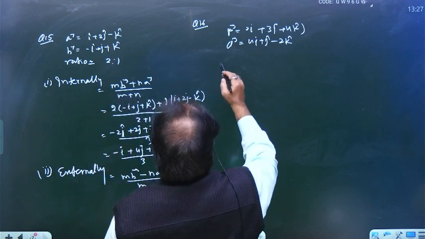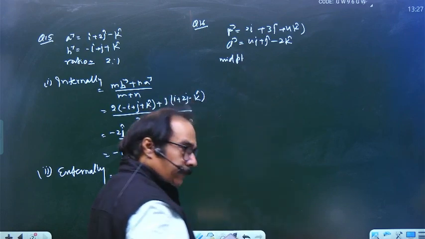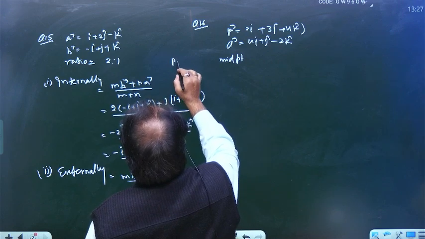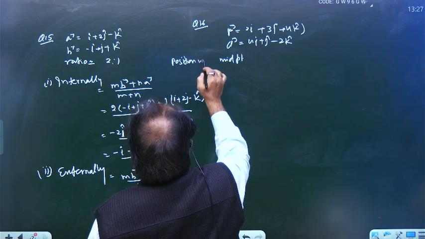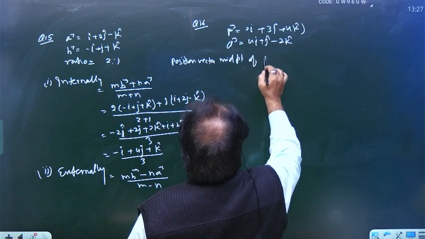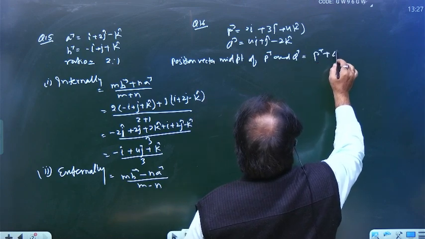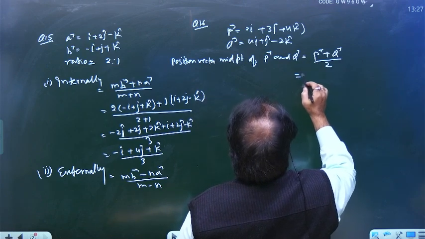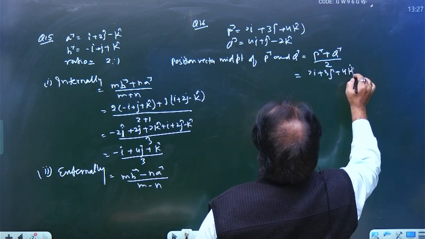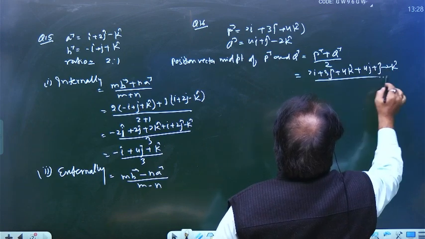So find the position vector of the midpoint of P and Q. The position vector of the midpoint is vector P plus vector Q divided by 2. So 2i cap plus 3j cap plus 4k cap plus 4i cap plus j cap minus 2k cap divided by 2.